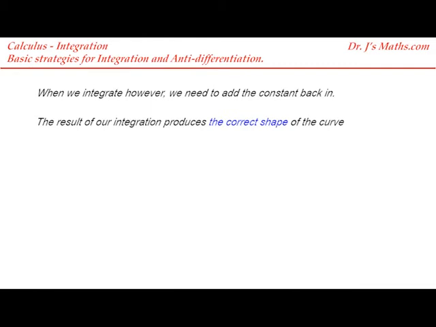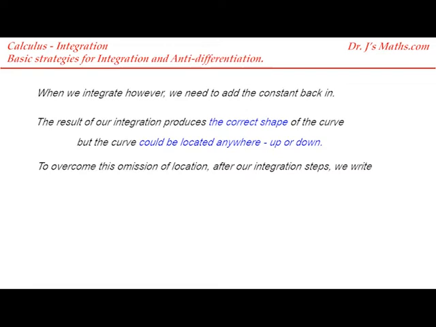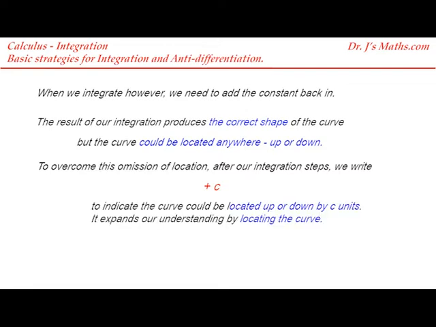The result of our integration produces the correct shape of the curve, but the curve could be located anywhere, up or down. To overcome this omission of location after our integration steps, we simply write plus c at the end to indicate the curve could be located up or down by c units.